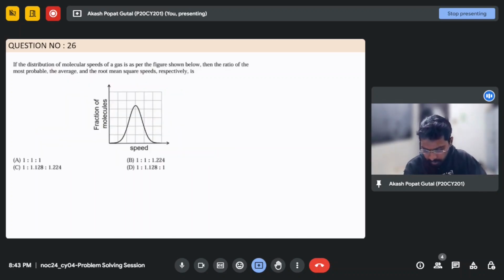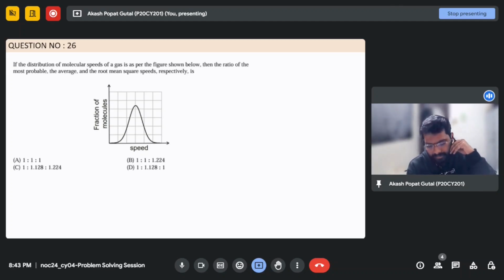So the next question is: if the distribution of molecular speeds of a gas is as per the figure shown below, then the ratio of the most probable, the average, and the root mean square speeds respectively is. So this is a JEE Advanced question.